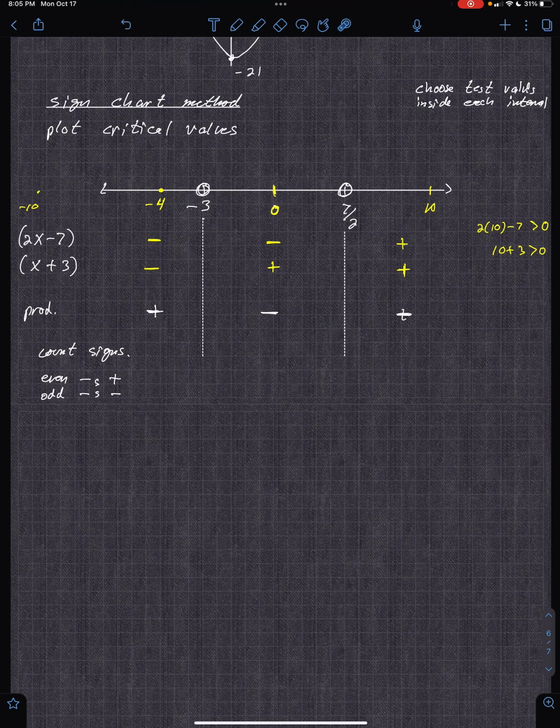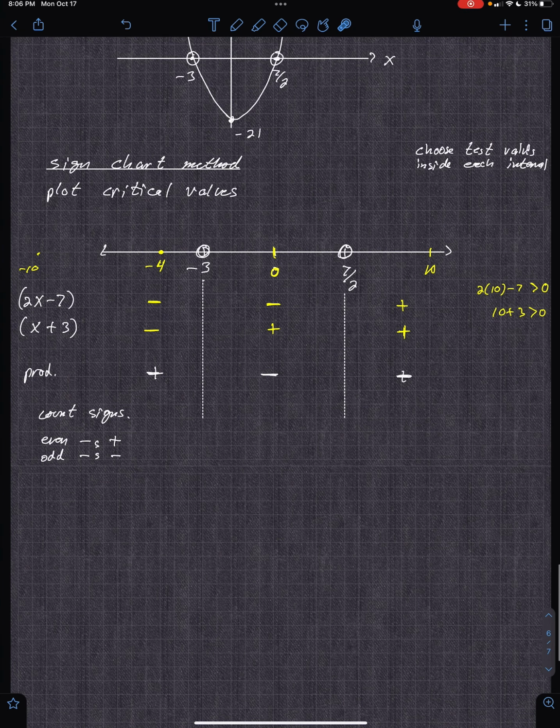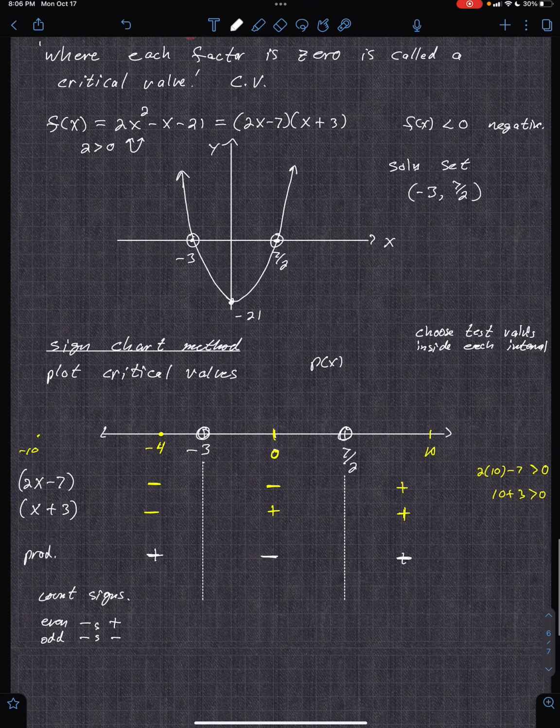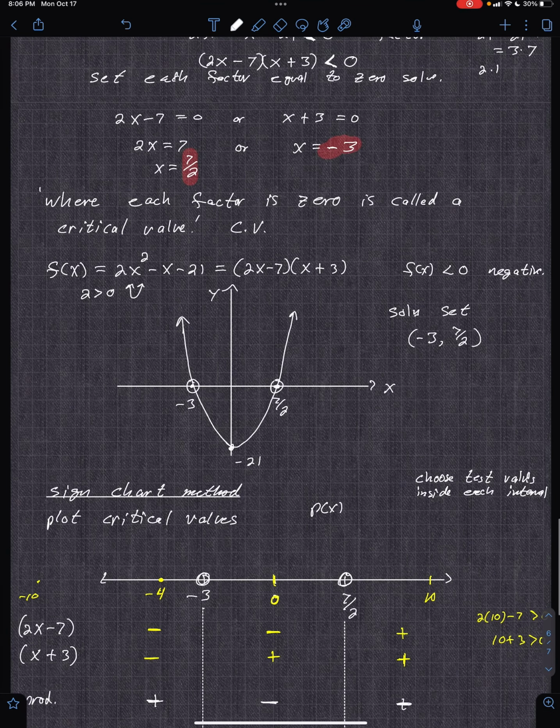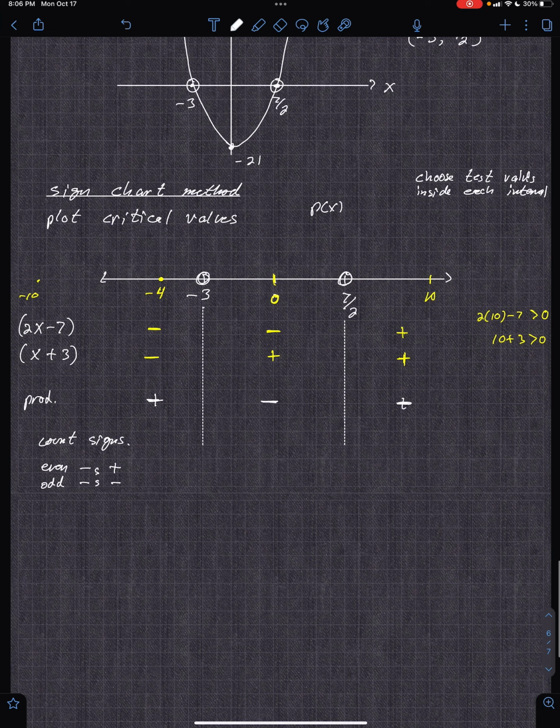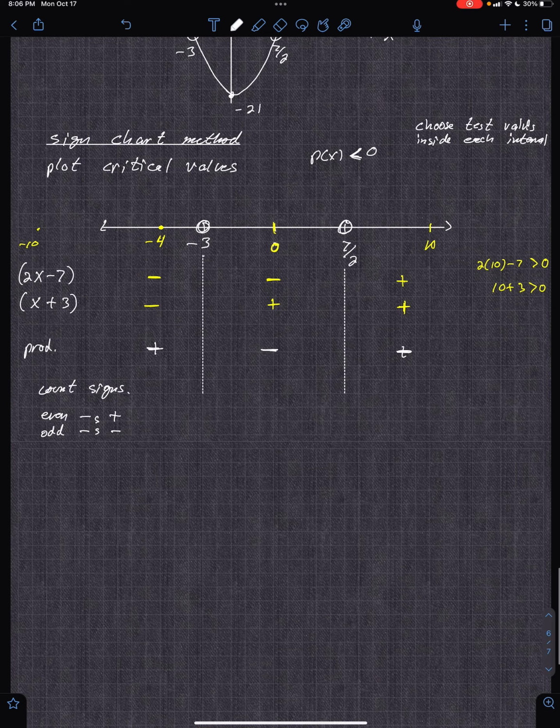And what are we interested in again? It was p of x, actually we used f of x, but whatever, to be less than 0. In other words, we wanted the product to be less than 0, which of course is everything in between. And that's it.